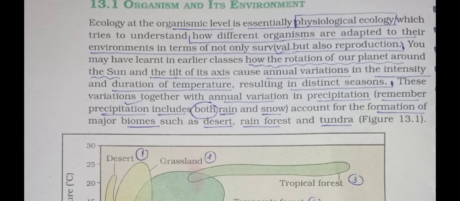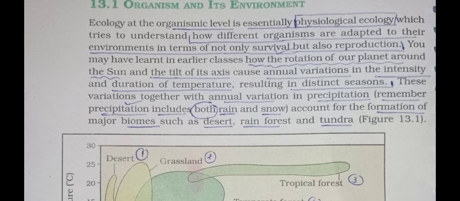First point: ecology at the organismic level is essentially physiological ecology, which tries to understand how different organisms are adapted to their environments in terms of not only survival but also for reproduction.